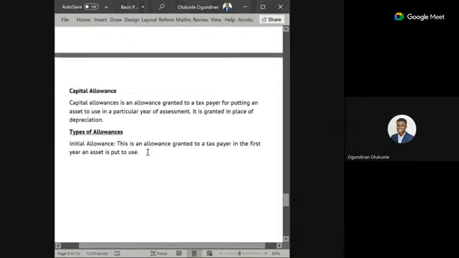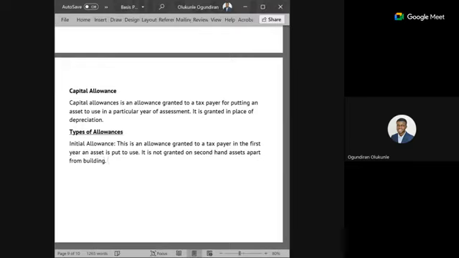So let's go to allowance, initial allowance. It is an allowance granted to a taxpayer in the first year an asset is put to use. It is not granted on second-hand assets apart from building.